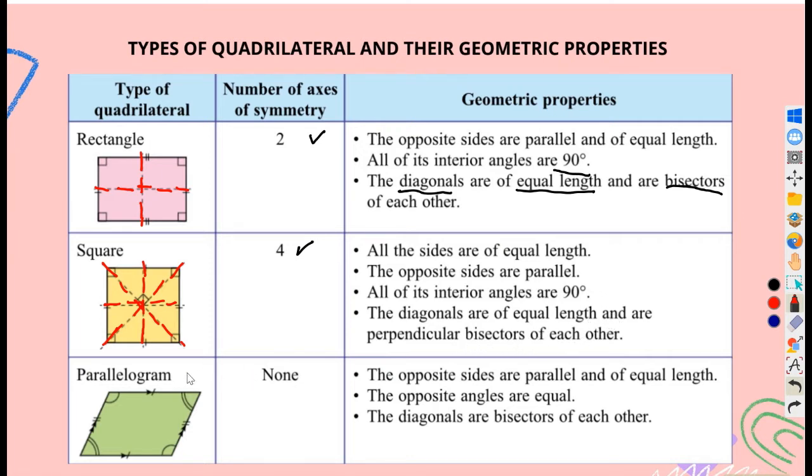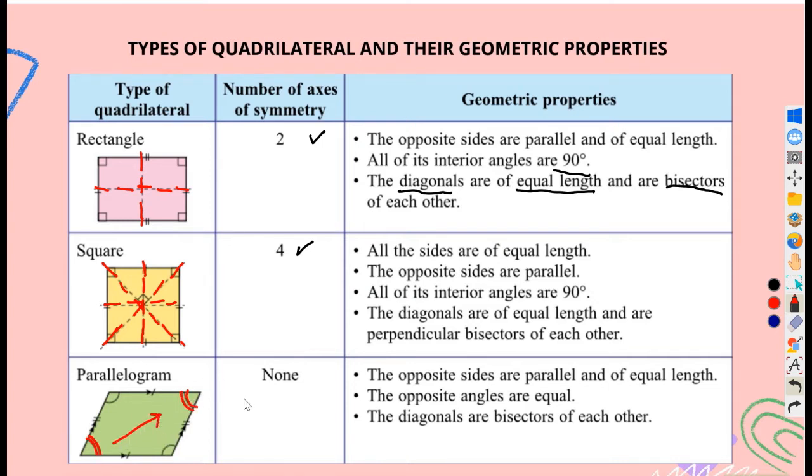The third one here is the parallelogram. The number of axes of symmetry is none, because the shape is not like the rectangle and square. The opposite sides are parallel. You can see the double lines here, which are parallel.